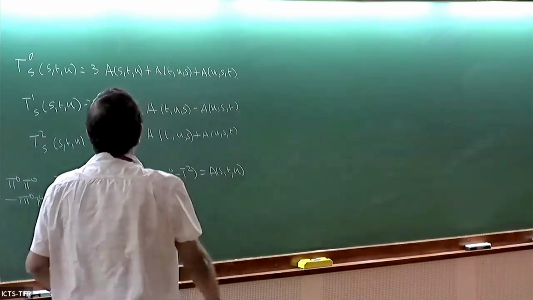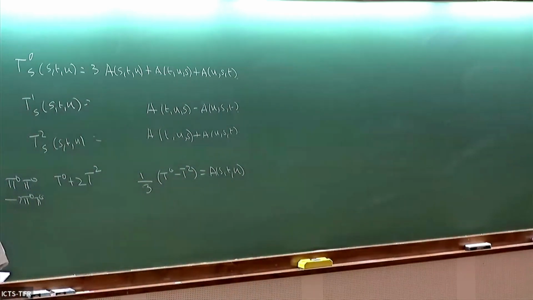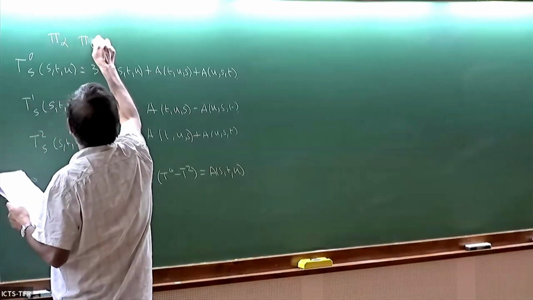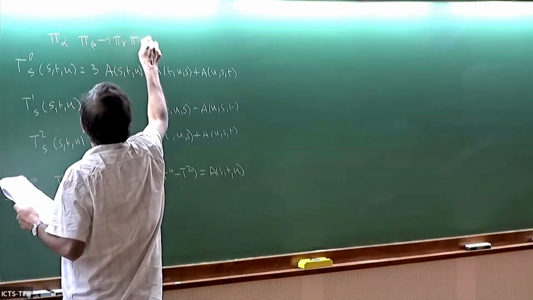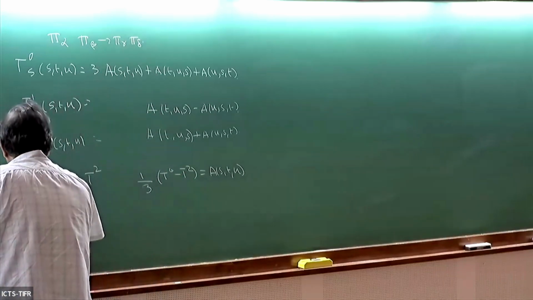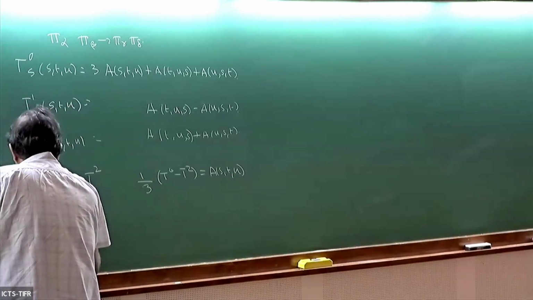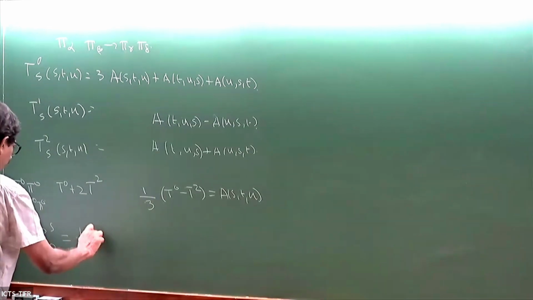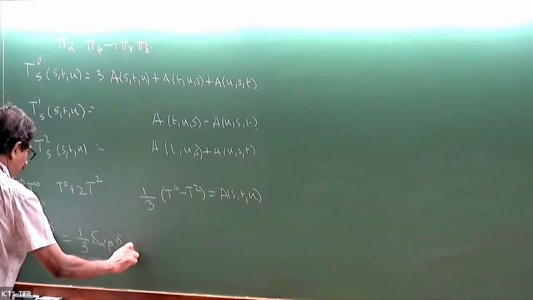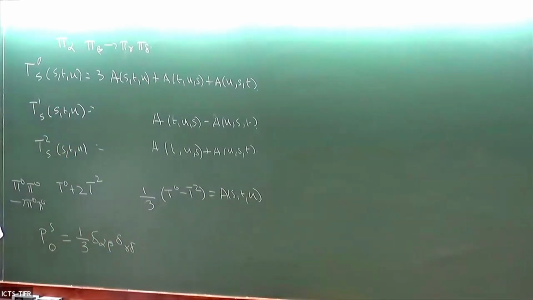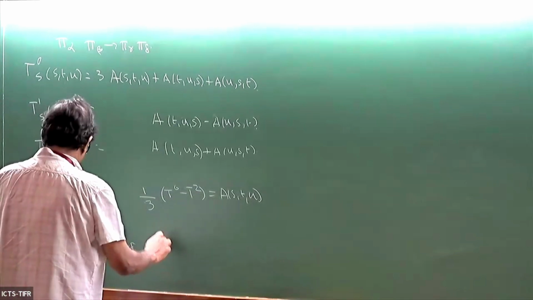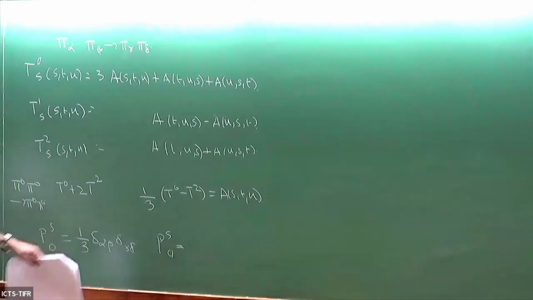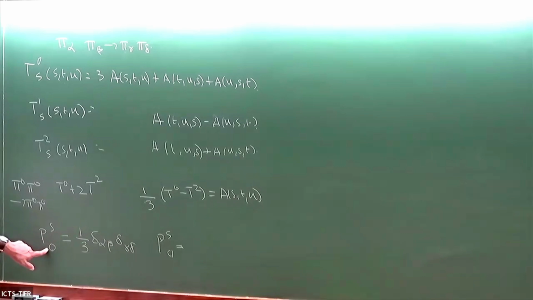And the way in which you get these is through projection matrices, and I'll write them down for the original scattering that we had, pi alpha, pi beta going to pi gamma, pi delta. The projection in the S channel of definite isospin 0 is 1/3 of delta alpha beta, delta gamma delta. Then I need 3 such projection operators, and this is transforming as a trace. That's why it has I equals 0.